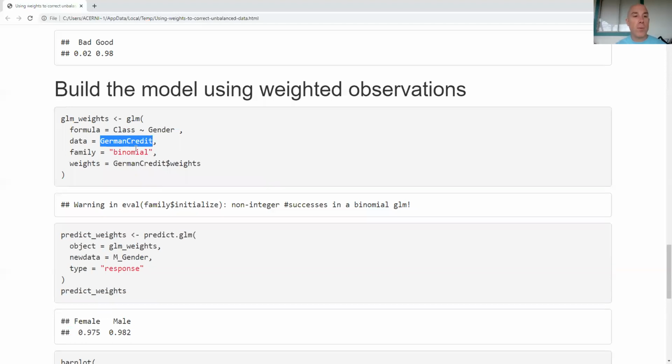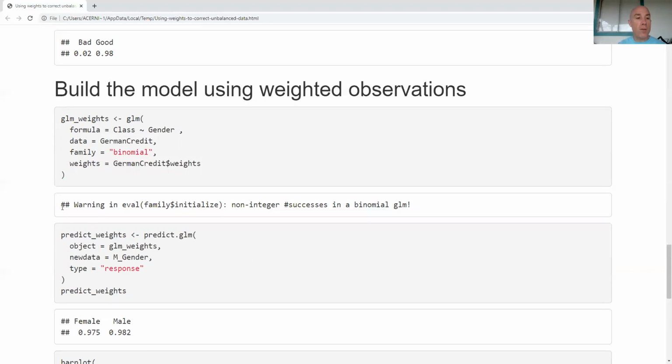And then we have the German credit data. Remember, when I'm doing logistic regression within GLM, I need to use the binomial family. If I wanted to use probit instead of logit, I would use parentheses and put probit inside. And then here, this is the big change: I put German credit weights.